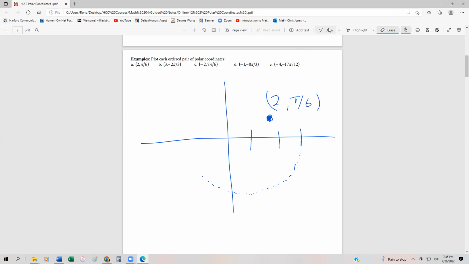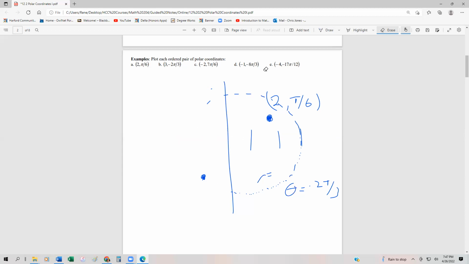Our theta is negative 2 pi over 3, and the radius, if this were a circle, would be equal to 3. We don't necessarily care about any of the perforated lines, so we would get rid of those.